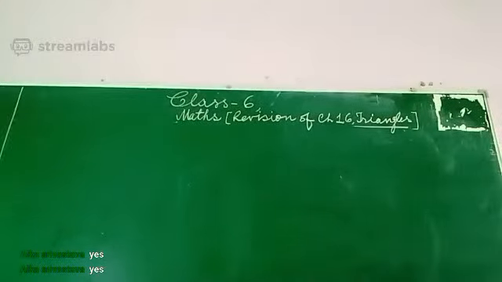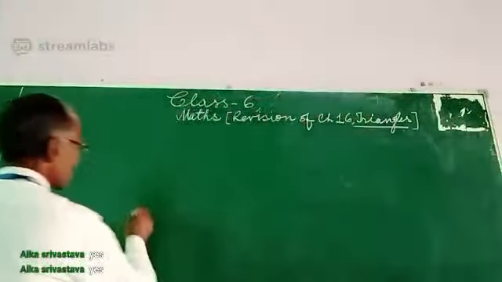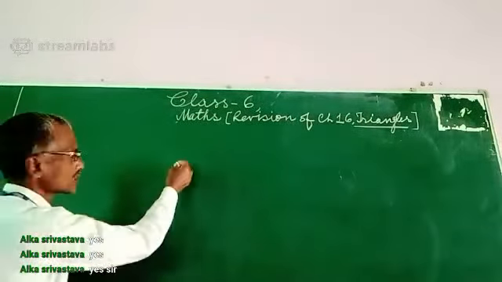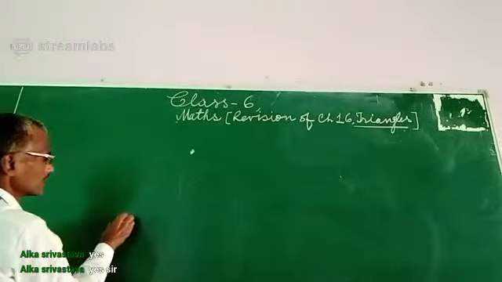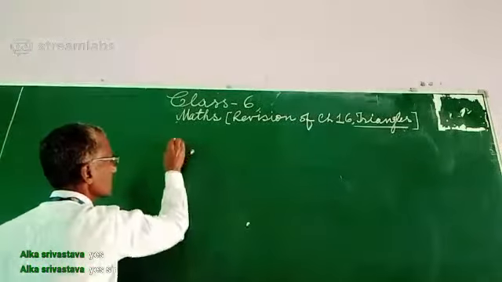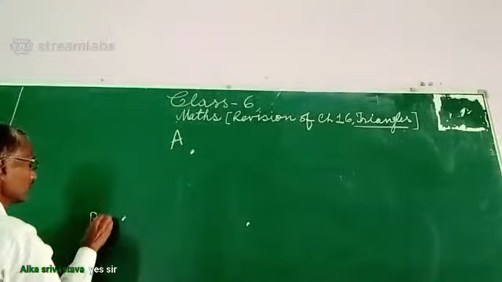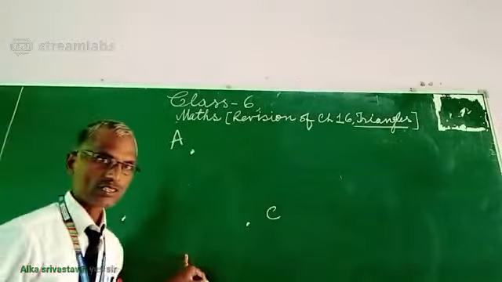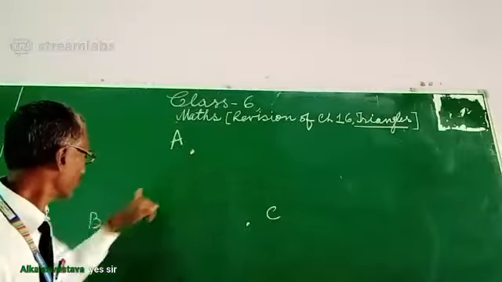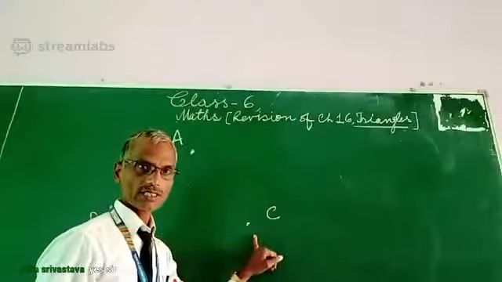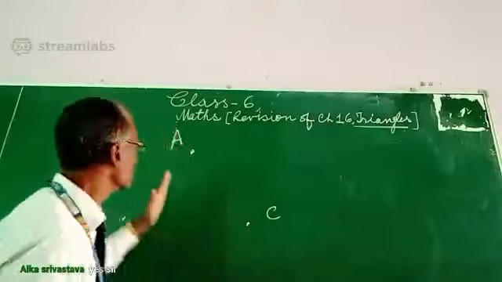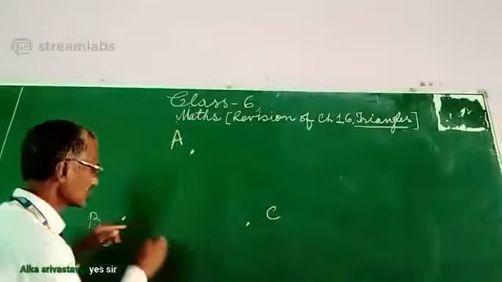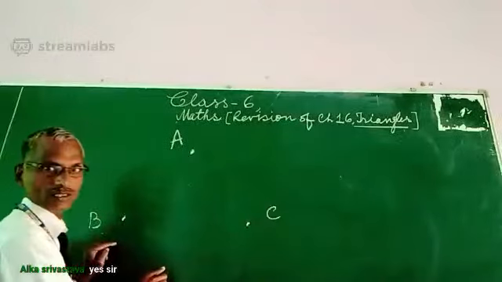Students, today we will discuss the triangle. Let's suppose that it is a plane and we take 3 points A, B and C. These points are not collinear. It means the points are not in a line.